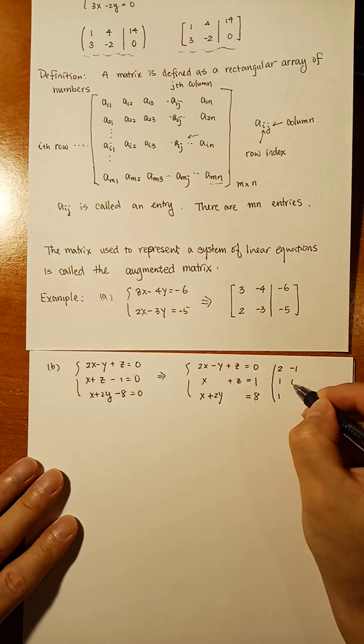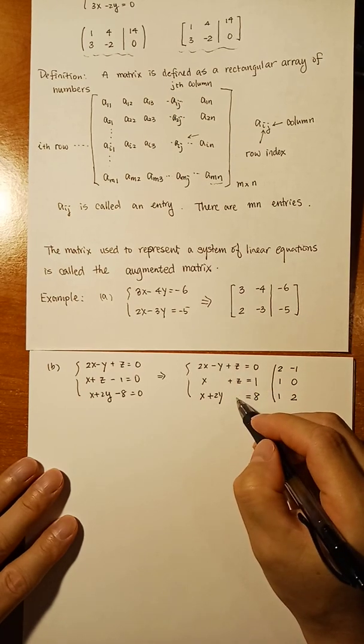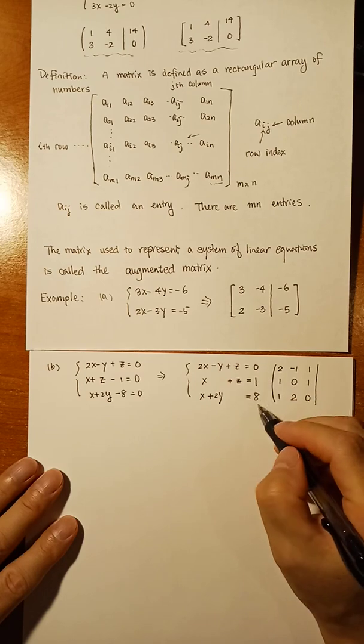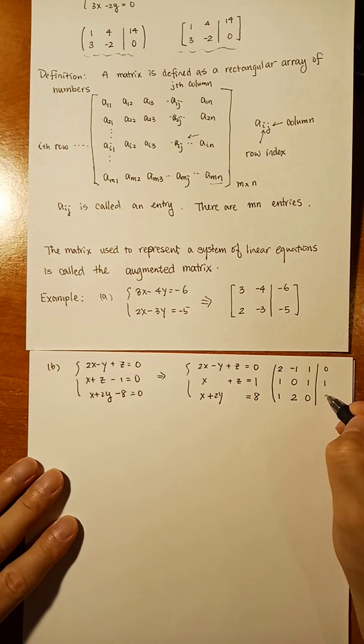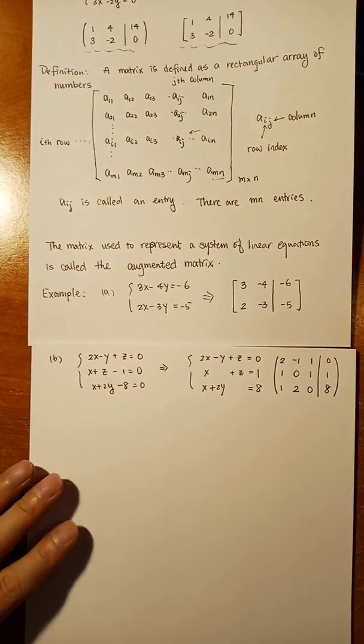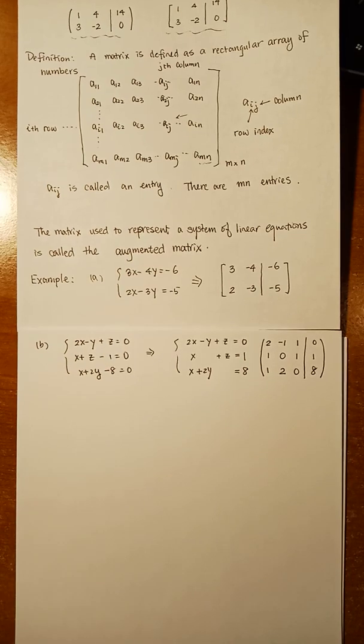Negative 1, 0, and 2. 1, 1, 0. And the vertical segment 0, 1, 8. Okay, so this is the corresponding augmented matrix.